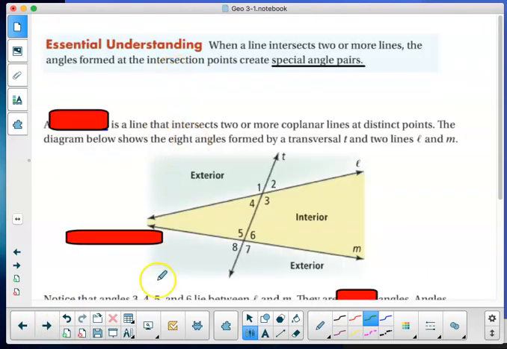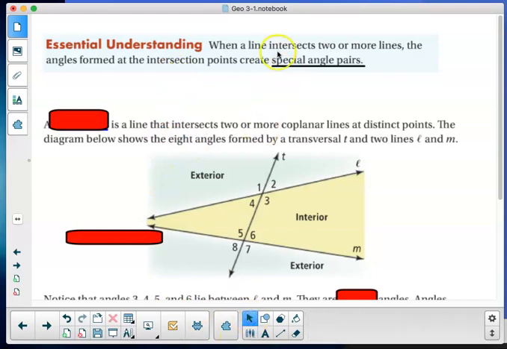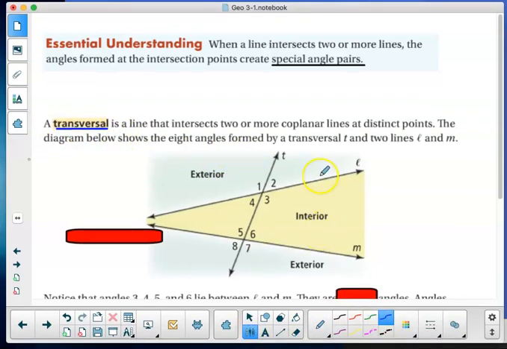Essential understanding. When a line intersects two or more lines, the angles formed in the intersection points create special angle pairs. So a transversal, that's the T, and I'm going to point out what T is here. Let's make our transversal green.